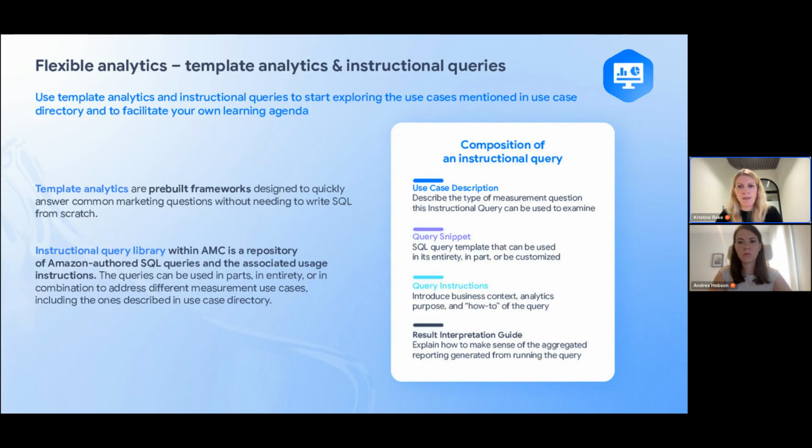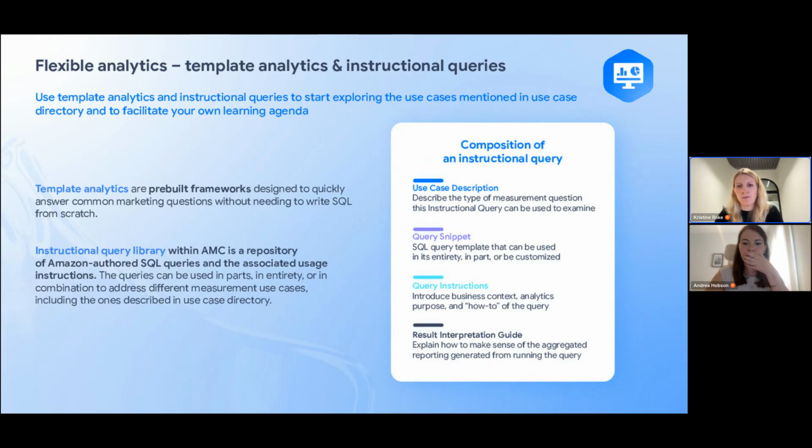And they're easily put in place. You can select a template, define your parameters, and AMC generates the report automatically. So it's the easiest way to get actionable insights, especially for frequent analysis.